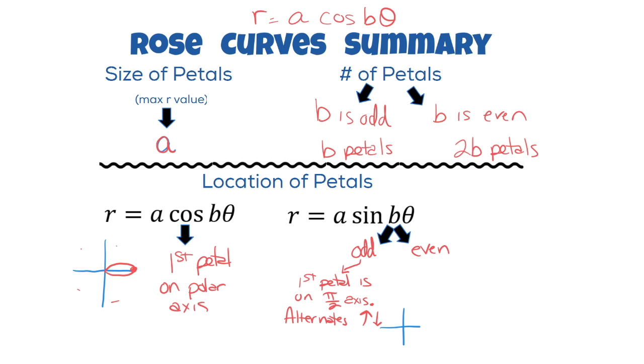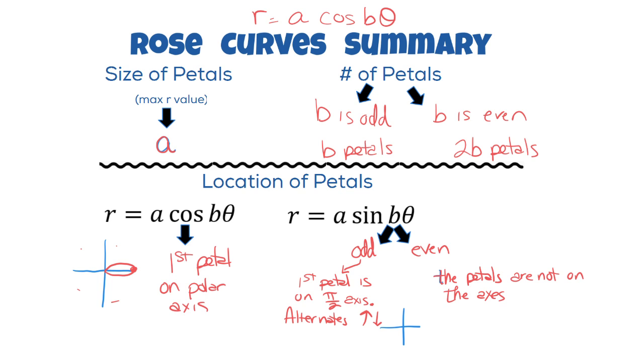If it's even, okay, then the petals, and there's different words we use for this. I usually let the students kind of pick a word that makes sense to them. The petals are not on the axes. So we say they avoid the axes, they dodge the axes, they hit the gaps, whatever the case may be.